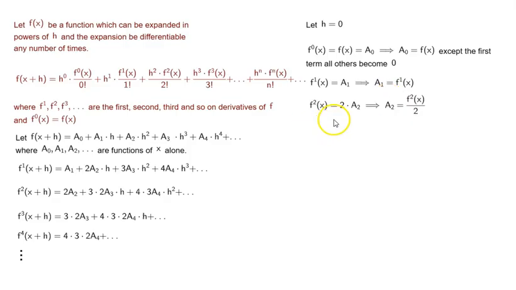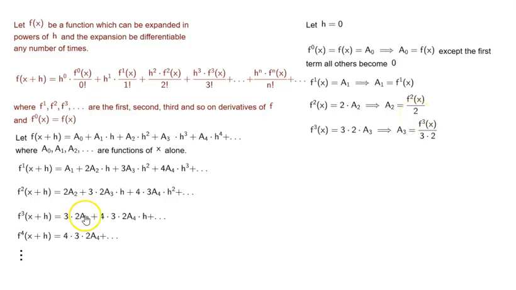Next, keep repeating that process. We take the second derivative, make h equal to 0. So all the terms become 0 except 2a2. So second derivative of f is equal to 2 times a2, which implies a2 is equal to the second derivative of f of x divided by 2.